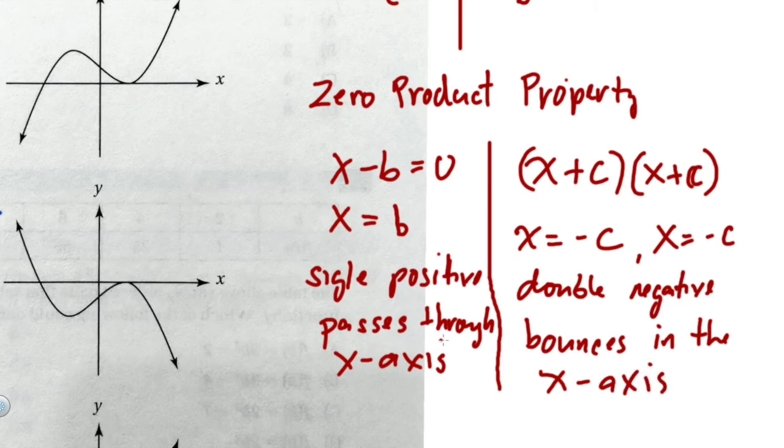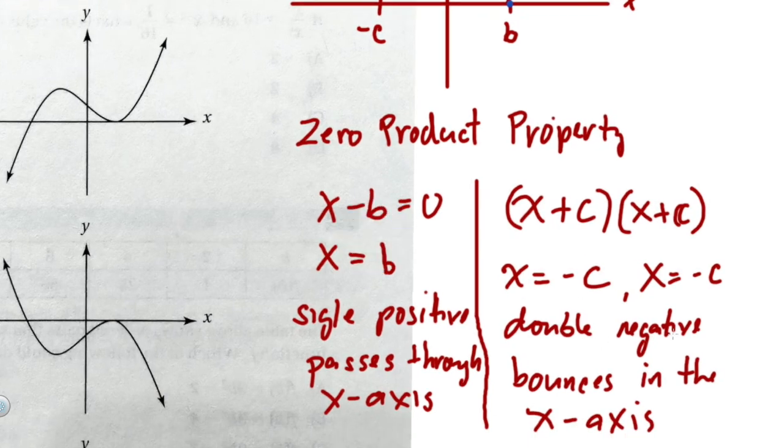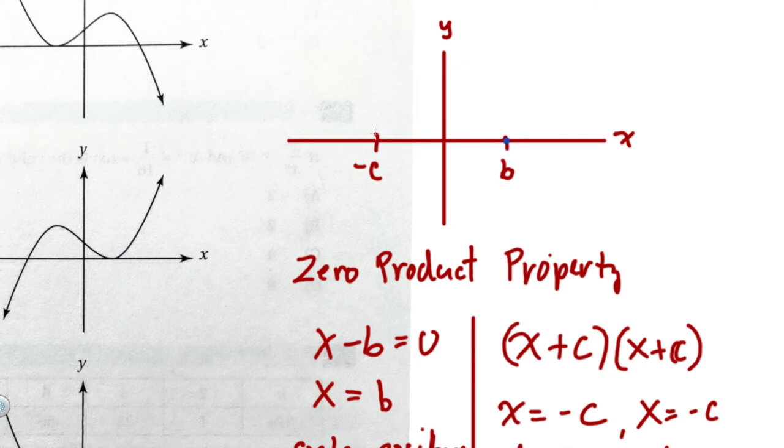It does not pass through but just bounces. Here, the negative zero is located at the left of the y-axis. Again, it bounces, it will not pass through like this, but bounces at this point of negative c.